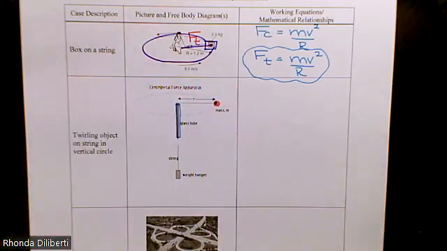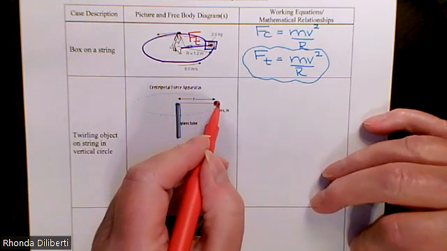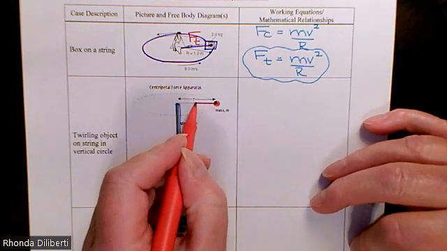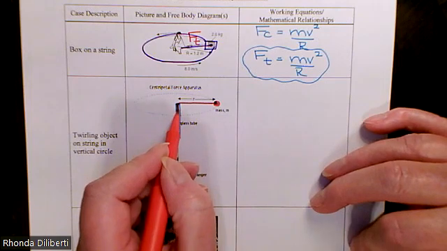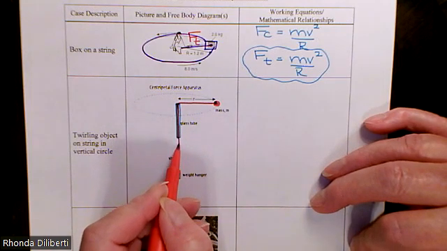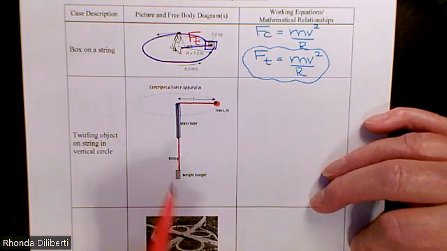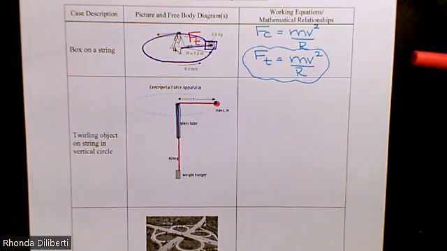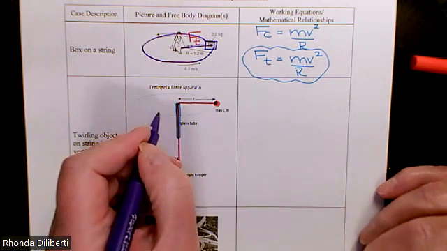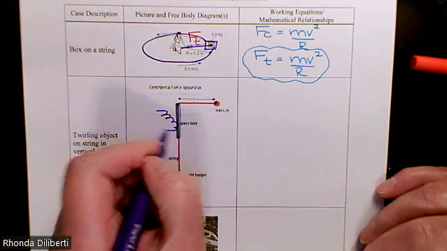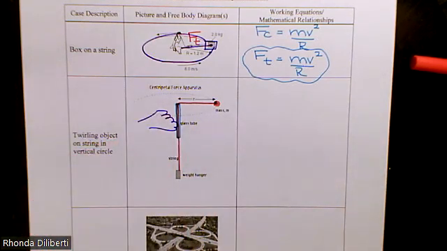And then you take a piece of string and you tie the string onto the stopper, and then you thread the string through the glass tube and it hangs down here. And then your hand goes on the glass tube. So I'll draw a hand. It's a really bad hand. It looks like a foot.